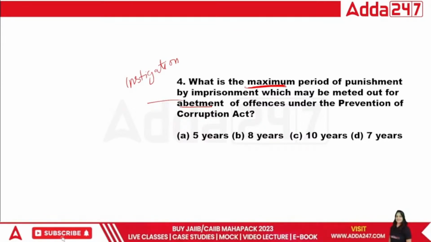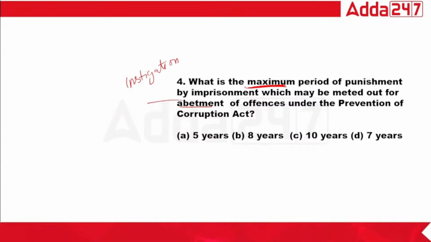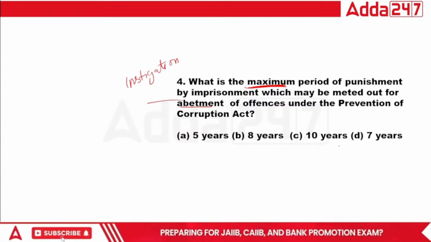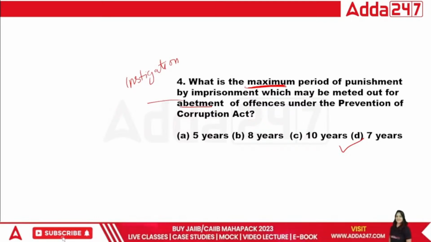That is very simple. The maximum period of the punishment is 7 years. This is the right answer. Fourth one, D is the right answer.